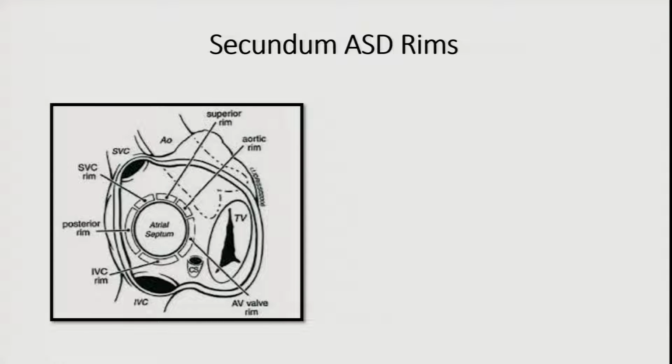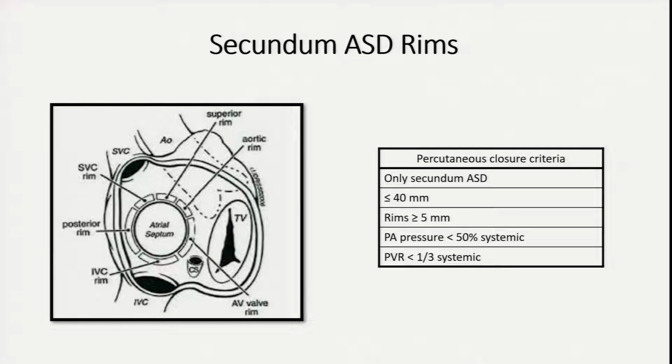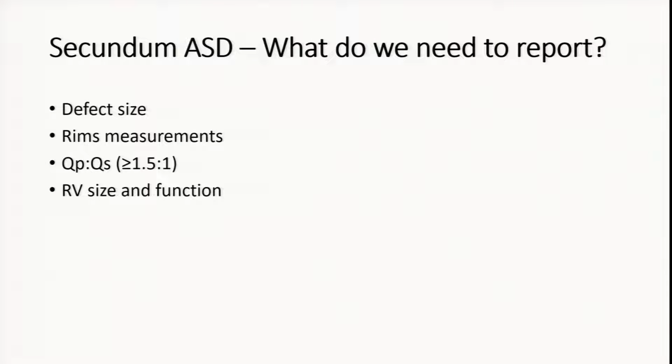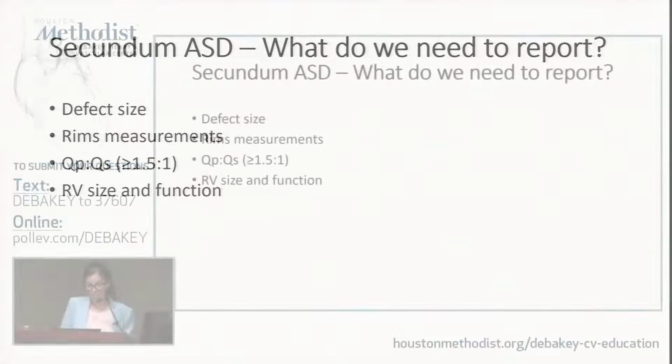As you can see, compared to the posterior rim, this is a very small one. It's not infrequent to have a deficient aortic rim, but just report it because it's of interest in device choice, I should say. An appropriate rim is a rim that is at least 5 millimeters, okay? So don't forget to report that. The defect size is also important.